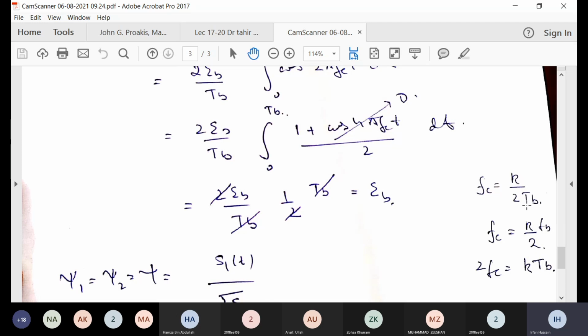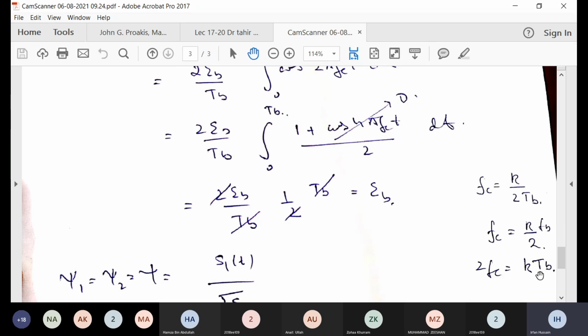Alright, so this means that because this is 2FC, so 2FC will be equal to, 2 cancels, FB, this is a mistake here, this FB will be 1 over TB, so K over TB. So your frequency is actually made sure to be a multiple of the highest.